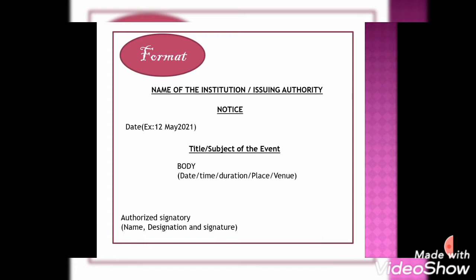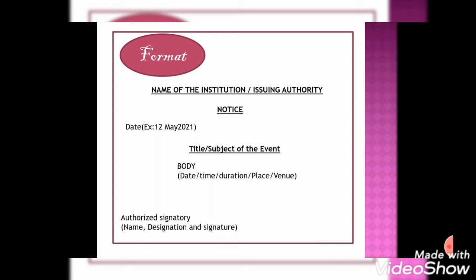We have started the notice with the name of the institution or issuing authority in the middle of the page. So, in the middle of the page, we should write the name of the institution or issuing authority. And it will be better if you write it in capital letters, bold letters. And you can underline it.